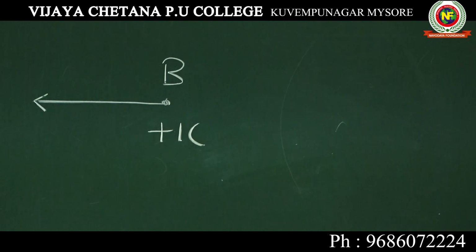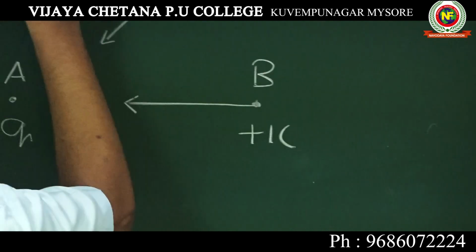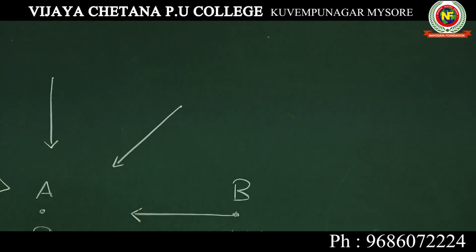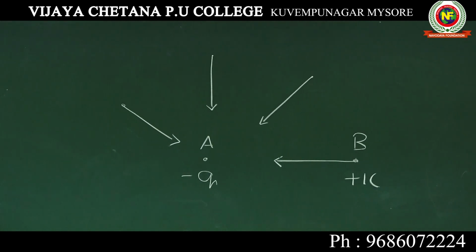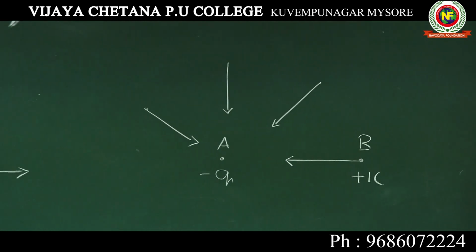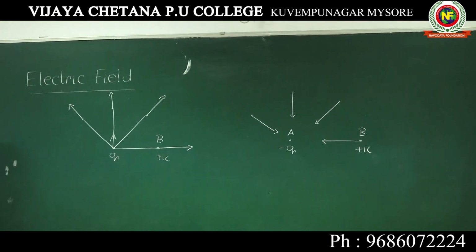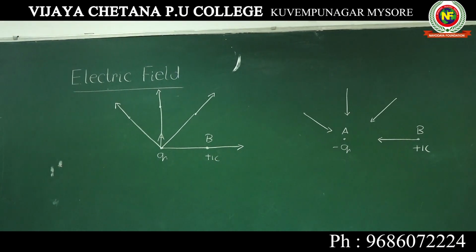Now everywhere the electric intensity is directed towards the source charge. Due to a negative charge, field direction is towards it. Due to a positive charge, field direction is always away from it. Okay? I think you have followed all these ideas.